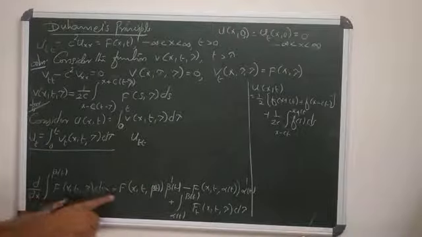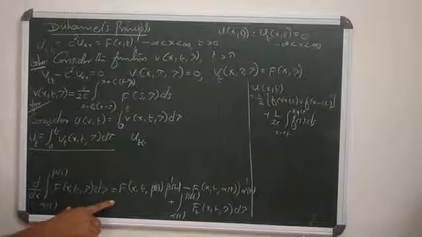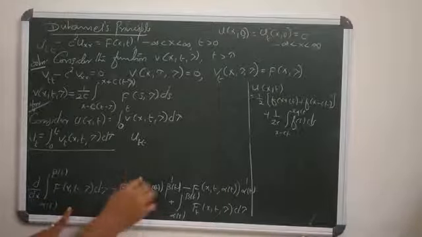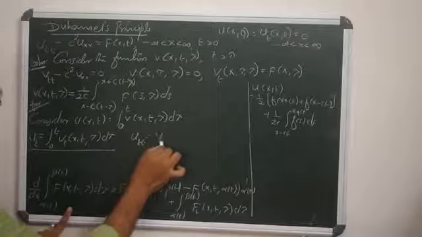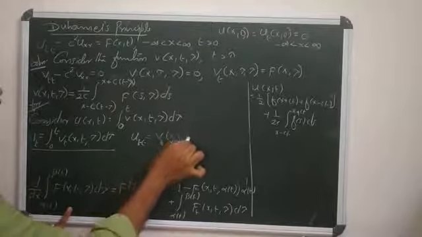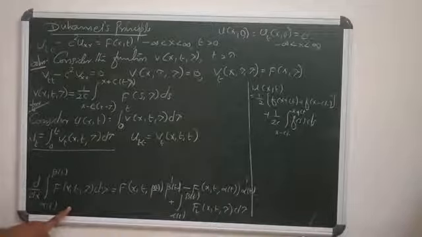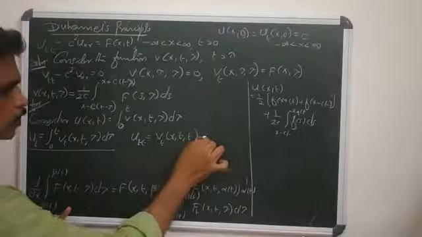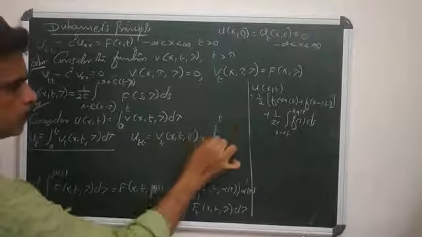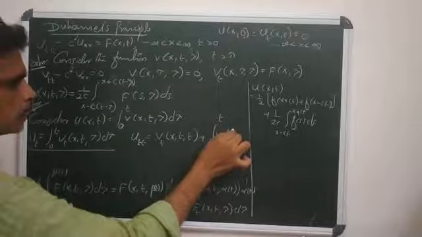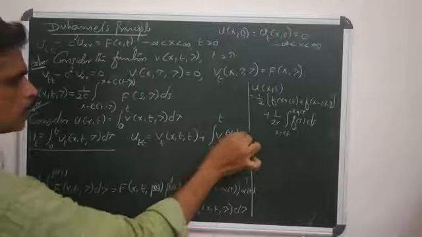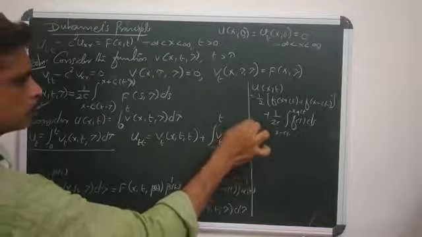Utt by the same argument, then you have utt equals vt x tt plus integral 0 to t vtt x t lambda d lambda.